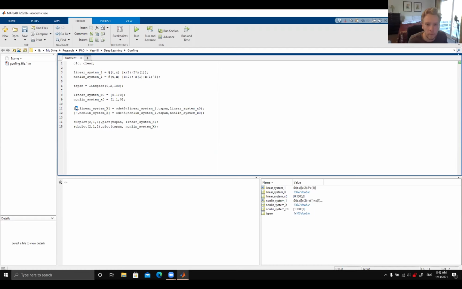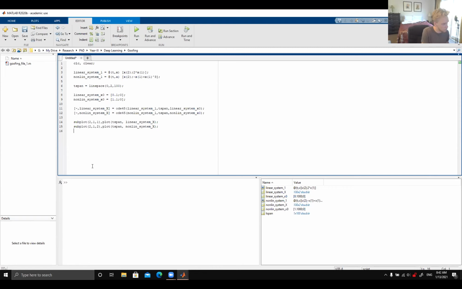But because I already gave it the tspan here, it's just going to return tspan again. So it means that I'm not assigning whatever the output is in this slot.